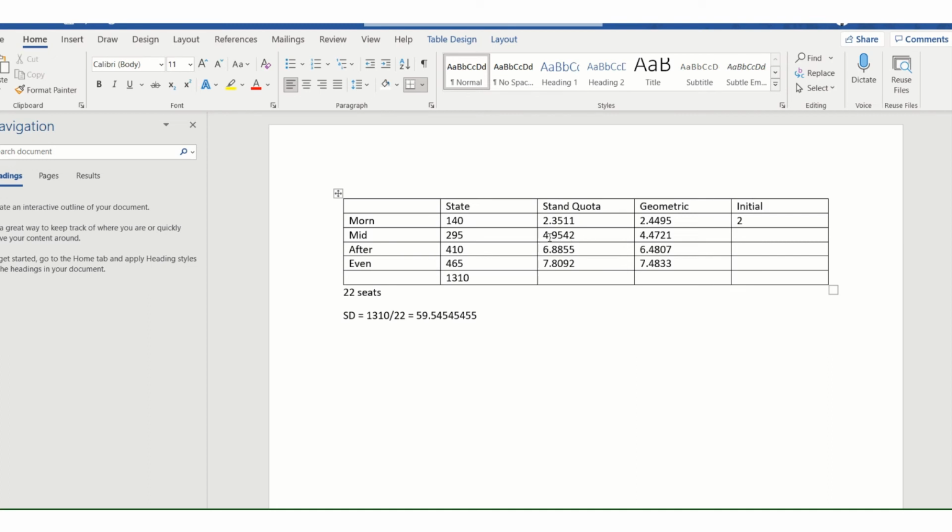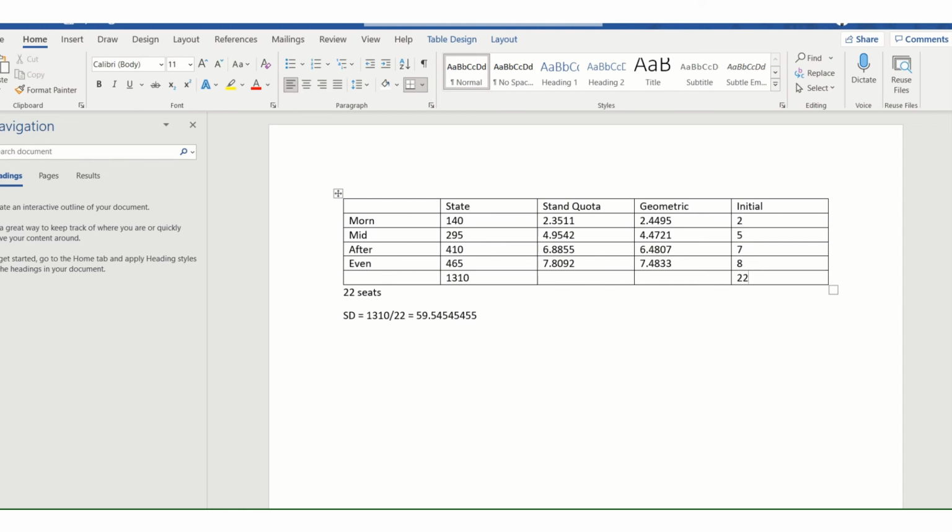All right, now 4.95 is higher than 4.47, so we're going to round up to 5. And then 6.8 is higher than 6.4, so we're going to round up to 7. And 7.8 is higher than 7.4, so we're going to round up to 8. And if we look at how many we've got in our initial allocation, 7, 14, 22.